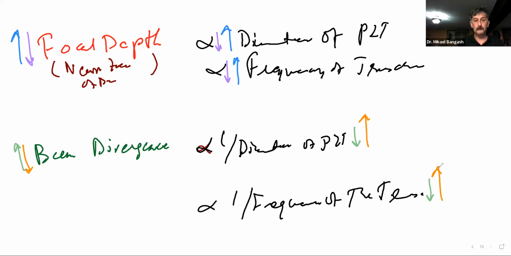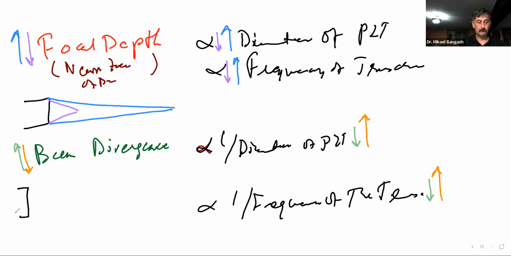So in a beam with a great focal depth, and in a beam with a shallow focal depth, we can say there will be a great and lesser beam divergence.